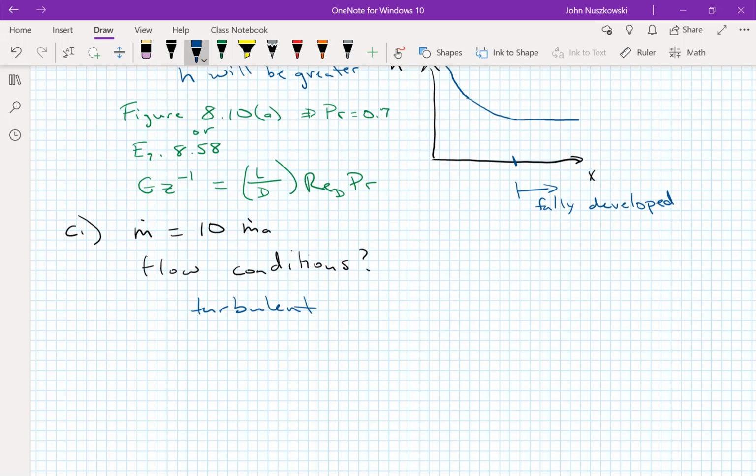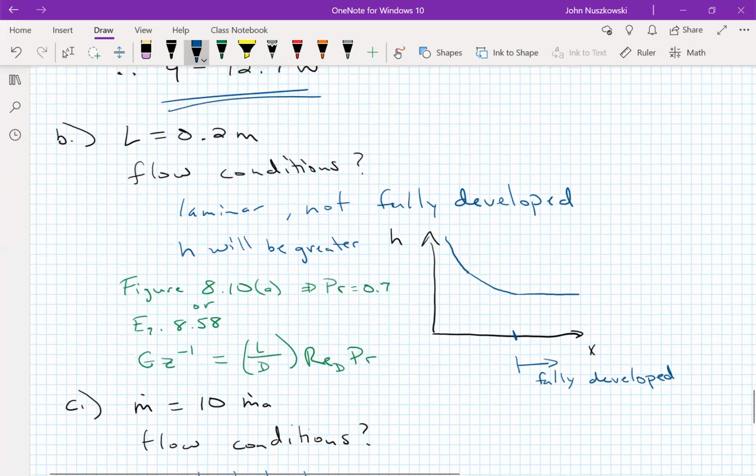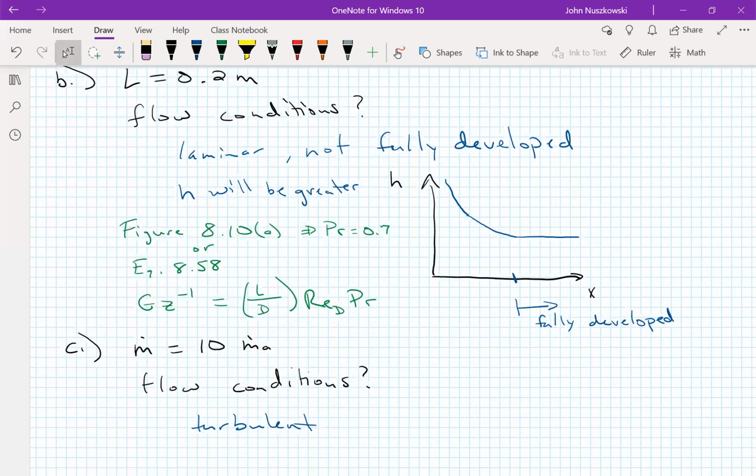And then the next part is asking whether h, the convection coefficient, will be greater, less than, or the same. Do we have any ideas here?